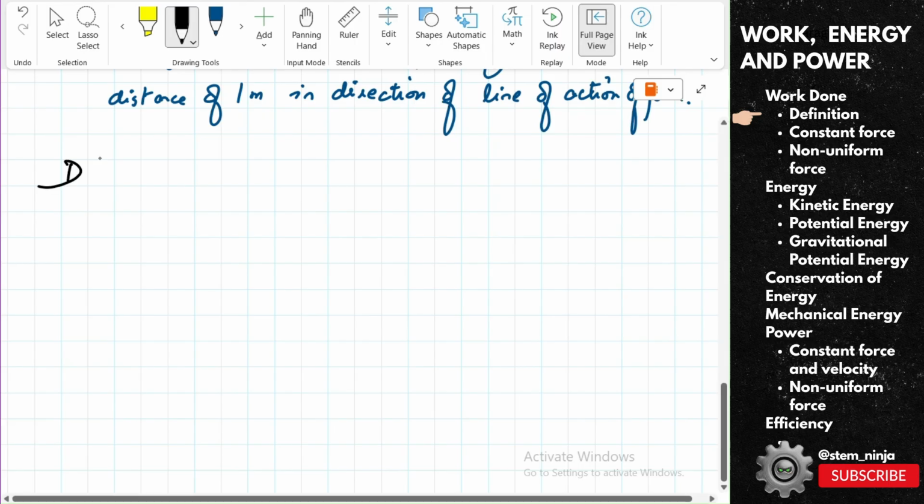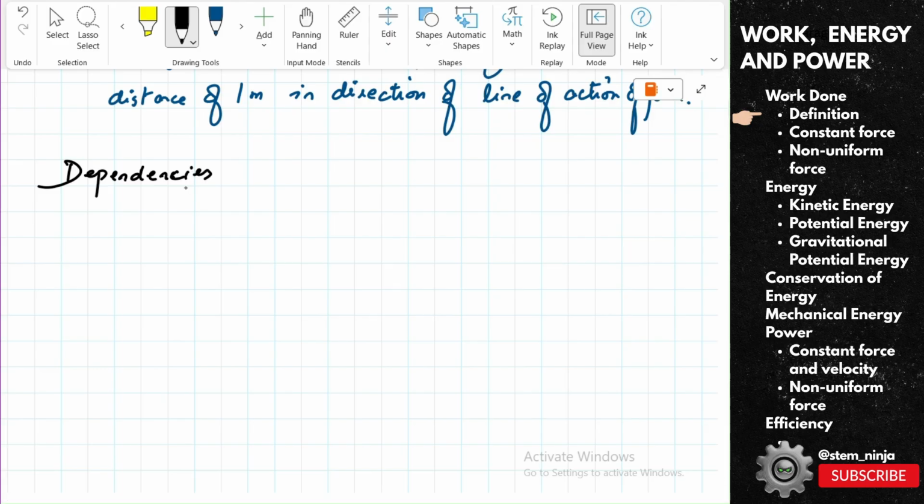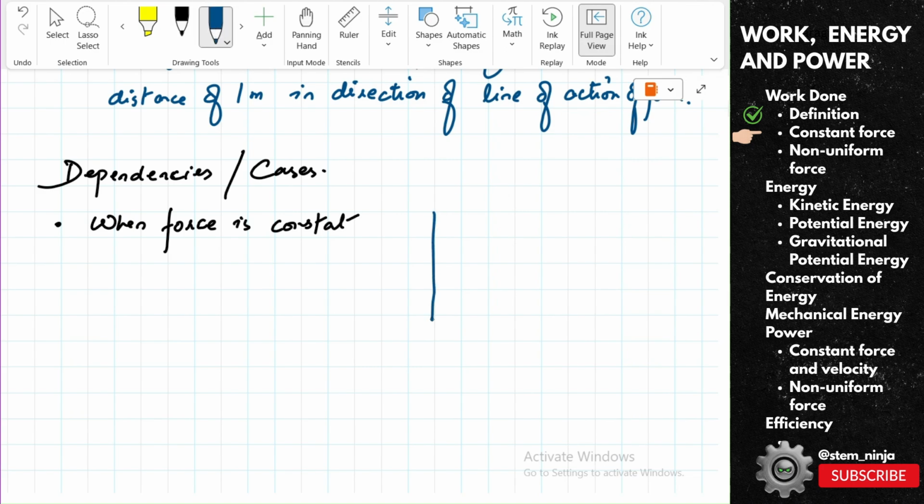Let's look at the cases. When force is constant, let's draw a graph for this: S in meters, force in Newtons.